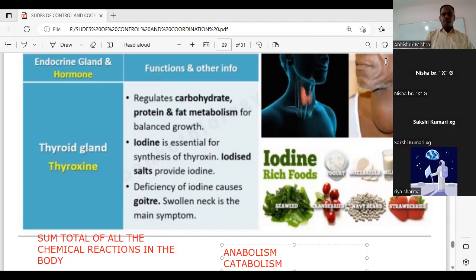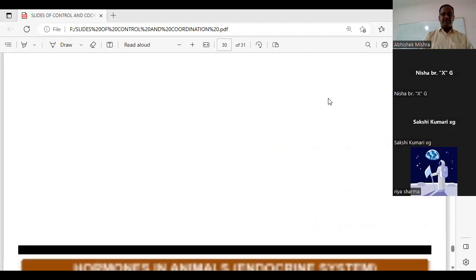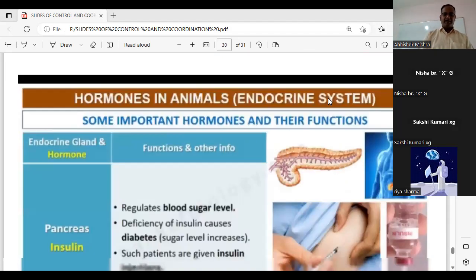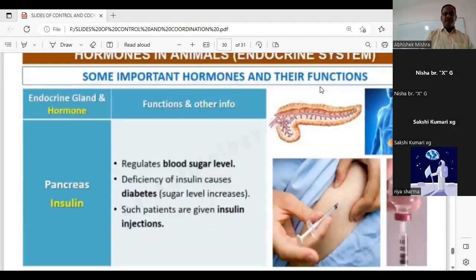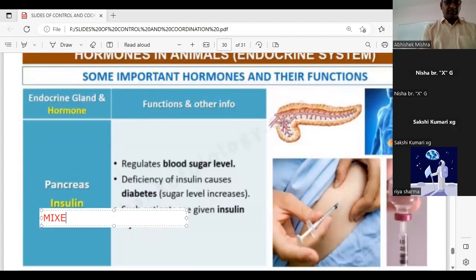Okay. So now we are coming to the next gland of the body, that is the pancreas. Very, very important gland of the body. Students, when we discussed the chapter life process, I told you the pancreas is called a mixed gland.